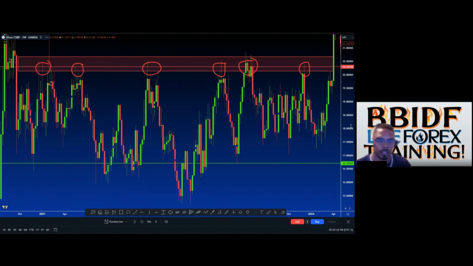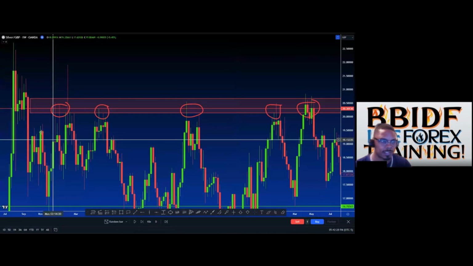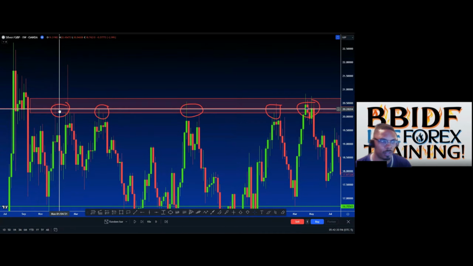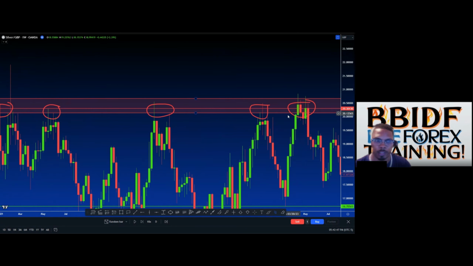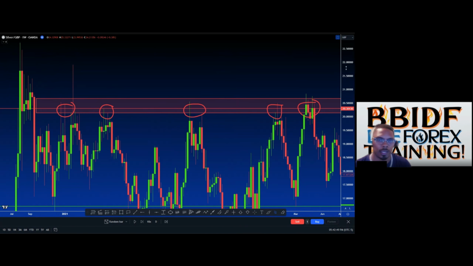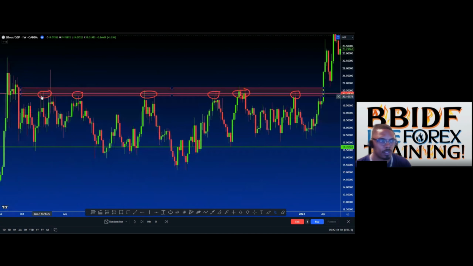Well, clearly you can see that sometimes when price gets up here, it doesn't respect just that line. It breaks it a little bit, breaks it a little bit, breaks it a lot. Gets right to it, breaks it a little bit here, gets a little bit below it, breaks a little bit above it. But ultimately, out of each one of these times that you see price in this zone, it falls. Came back up, it fell.